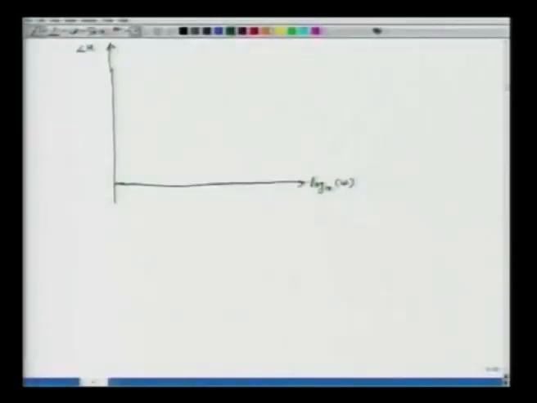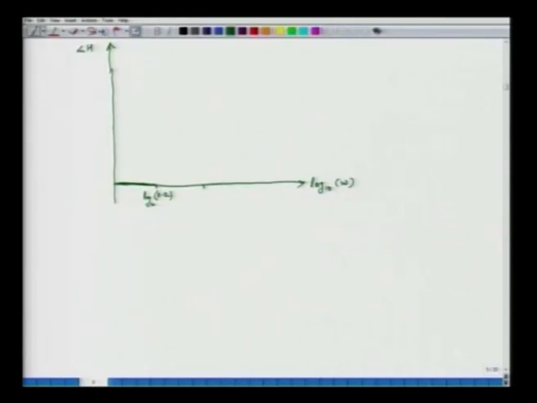So, for the range 0 to 0.2, my curve for the phase is a horizontal line which is exactly cutting the vertical axis at 0.